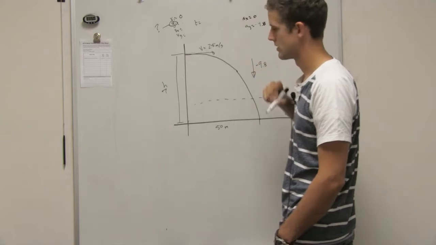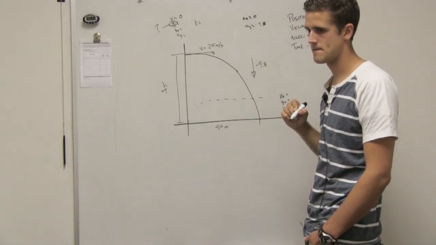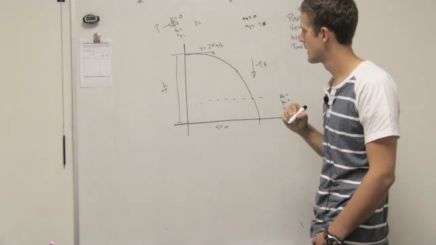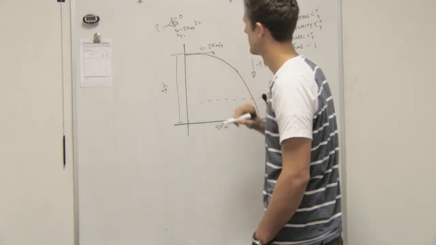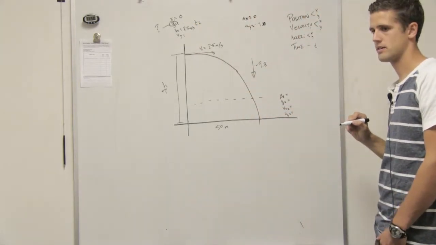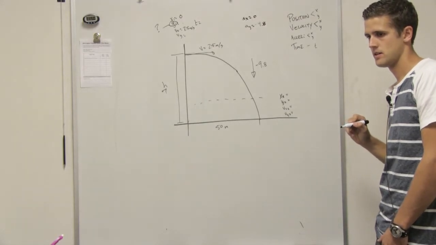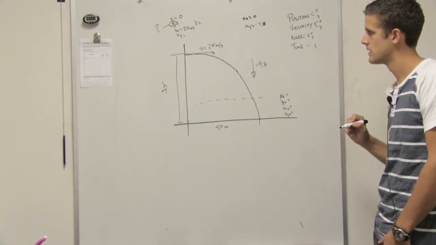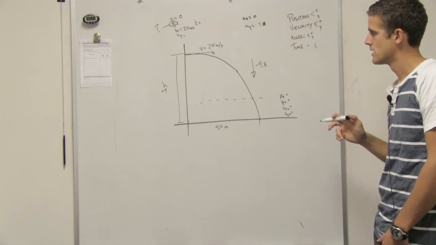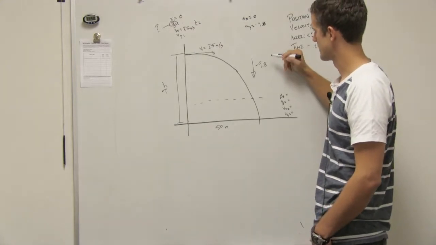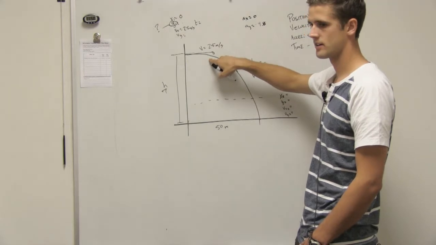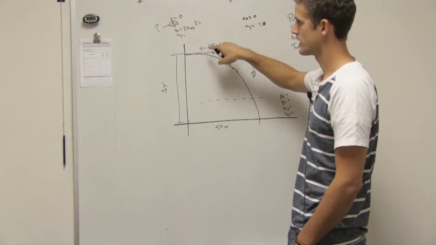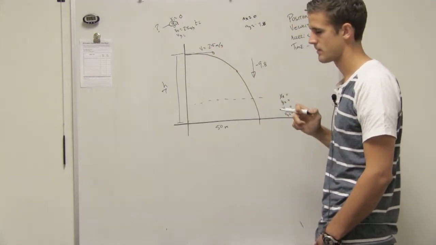Velocity in x, going that direction, is 25 meters per second. What about in y? Would it be the same as acceleration? So acceleration is a little bit different. This is our initial velocity vector, telling us everything we need to know about the initial velocity.